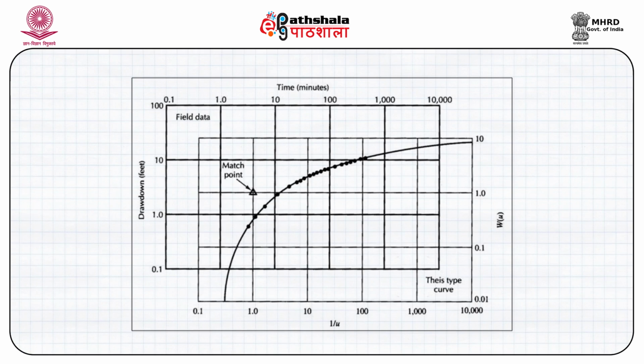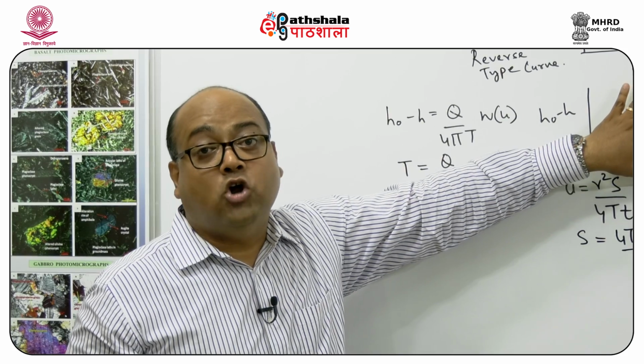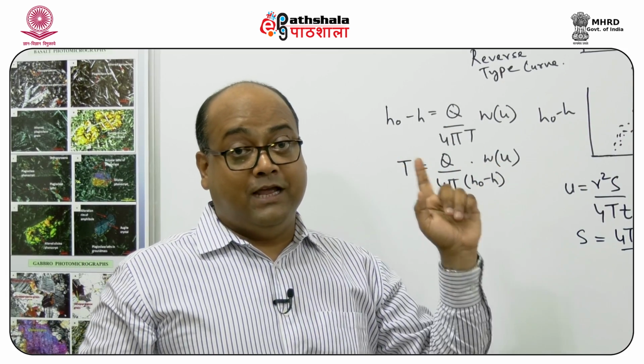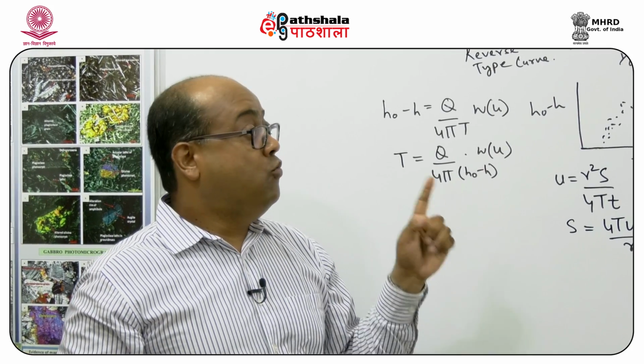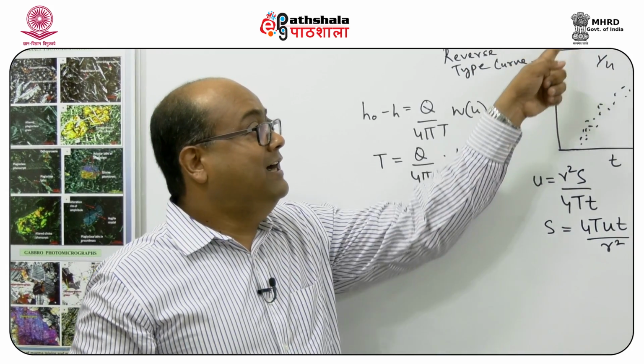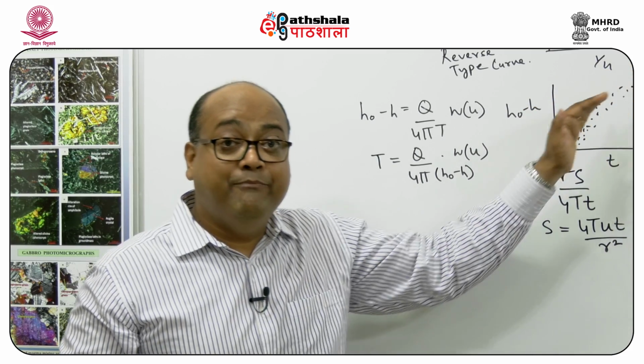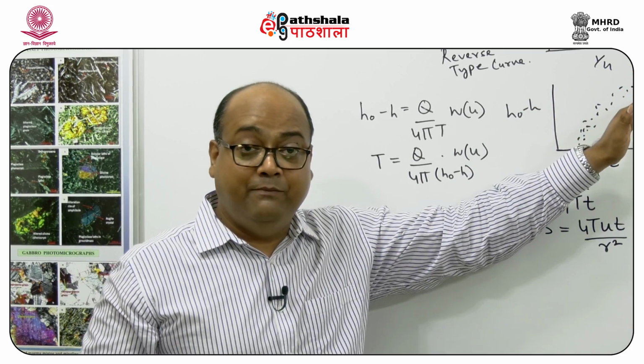The graphical solution is basically saying that we overlay the type curve on top of the drawdown curve. Now, how do we overlay? We have to be very careful about two things. One is that this curve is more or less matching with the points of drawdown versus time.